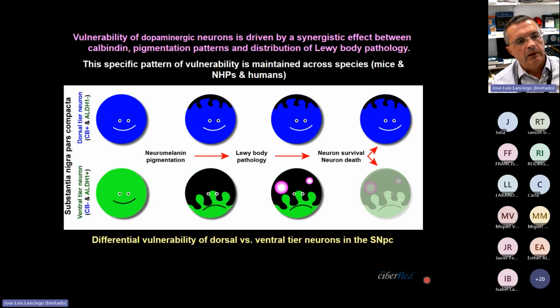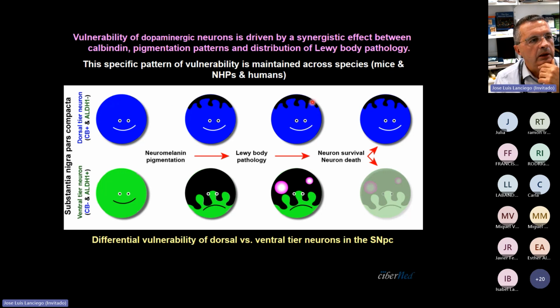And this is just a cartoon that is not that elaborate, but is good enough to illustrate our current thinking. Sorry, just take a look at the substantia nigra. You have two types of neurons, those located in the dorsal tier and those located in the ventral tier. Neurons in the dorsal tier are calbindin positive. They become pigmented, but not that much. It is a very mild level of pigmentation.